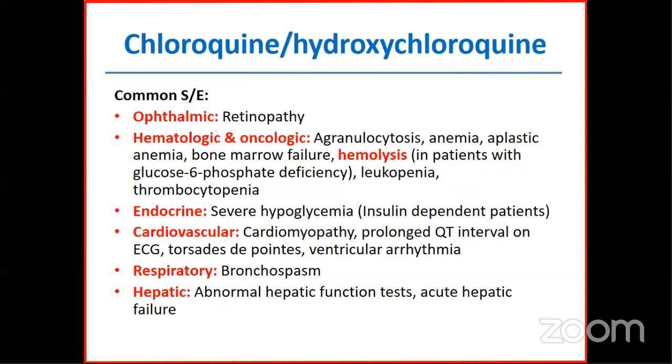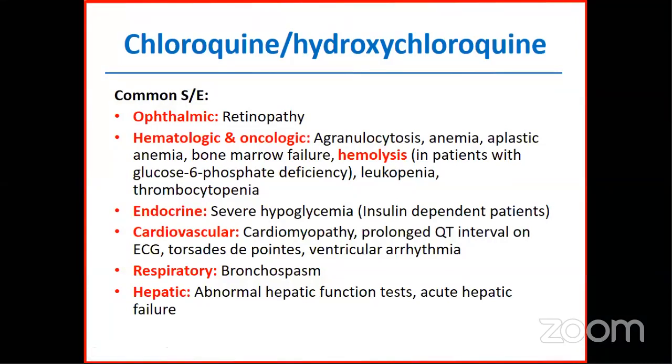Finally, regarding chloroquines, there are ophthalmic retinopathy, hematological and oncological issues, and hemolysis because of G6PD, so we need to send the test, especially if we are using chloroquines. It's much lower with hydroxychloroquine and there is no need to send the test unless you suspect hemolysis. Leukopenia, thrombocytopenia, endocrine, this is a very important issue.